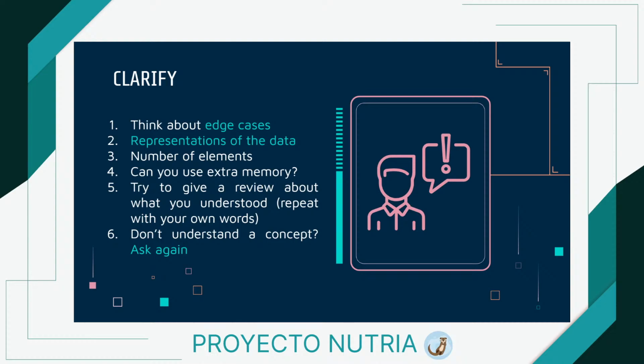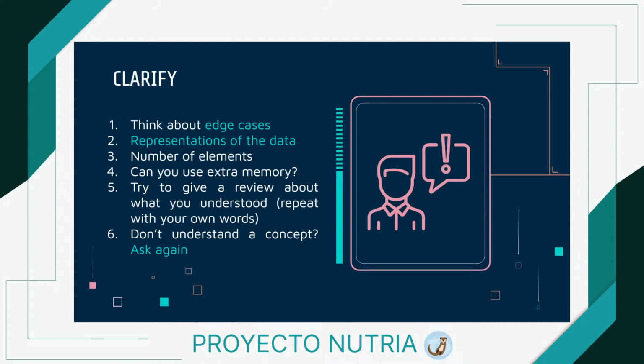Because in an interview it's very complicated for your interviewer to know what you're thinking. Maybe your mind has, oh okay, I can reverse this string and swap these bits and it's going to work. But it's in your mind, and your interviewer is not going to know. So basically everything that comes out of your mind, say it.